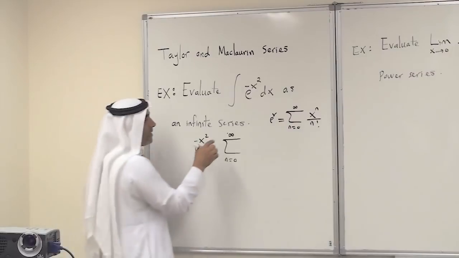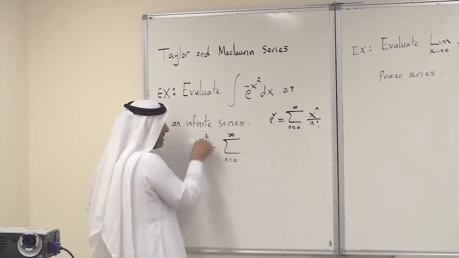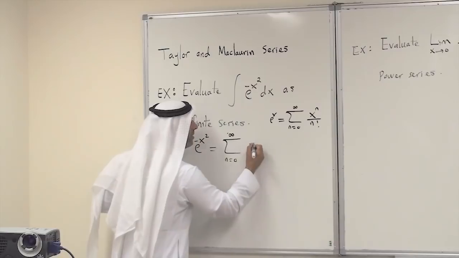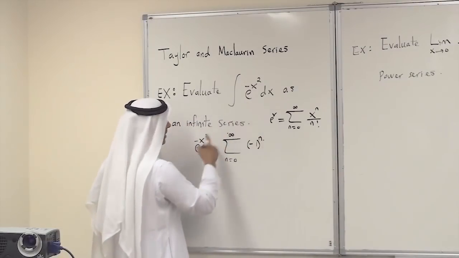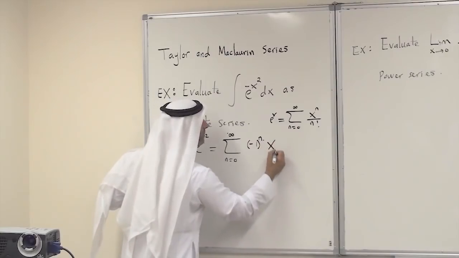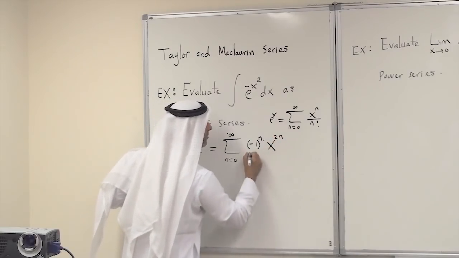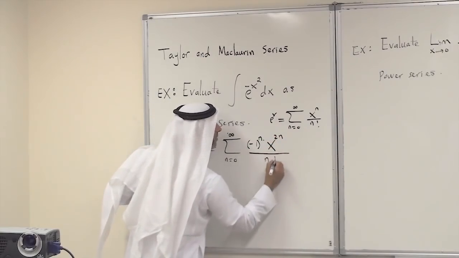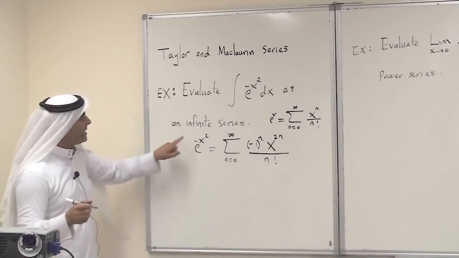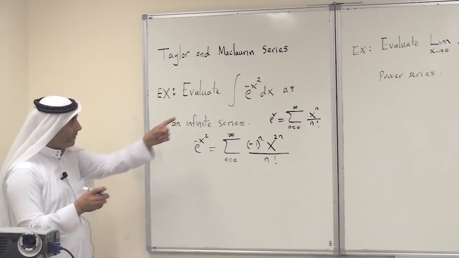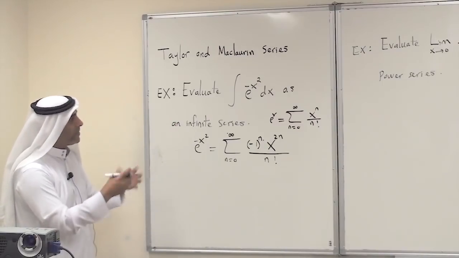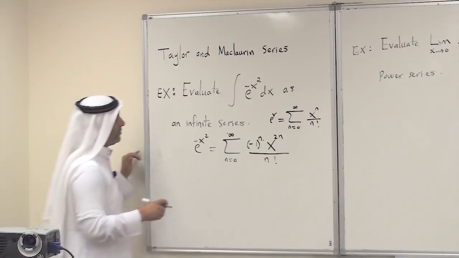So the only thing we do is replace x by minus x squared, and we have minus 1 to the power n, and this will give x to the power 2n, of course, divided by n factorial. What I did here was just replace x by minus x squared in the derivation of e to the x as a power series, or as a Maclaurin series, as we said.